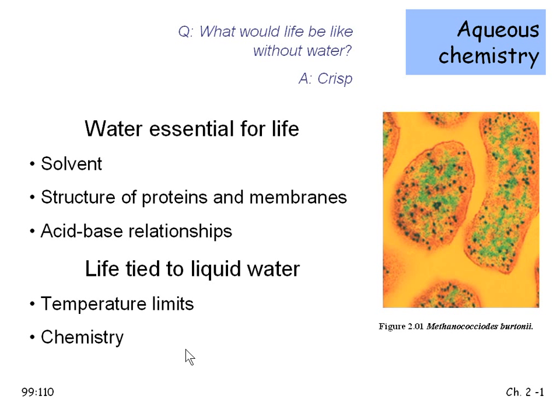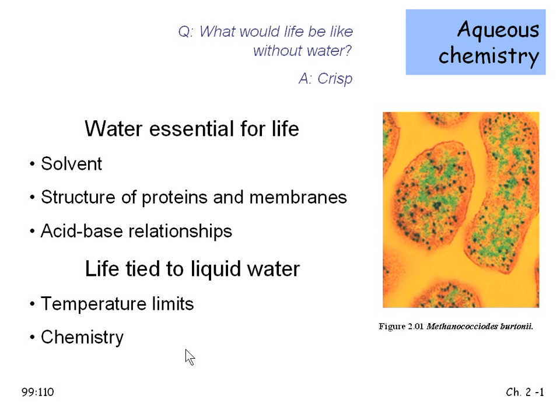There are a number of reasons why water is essential for life, and why any life anywhere in the universe would probably use water as its basis. First of all, it's an amazing solvent. Water as a solvent can dissolve probably the widest range of compounds that we know. And we'll see why that's true in a second.